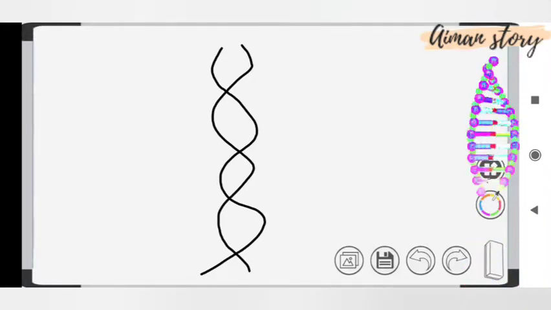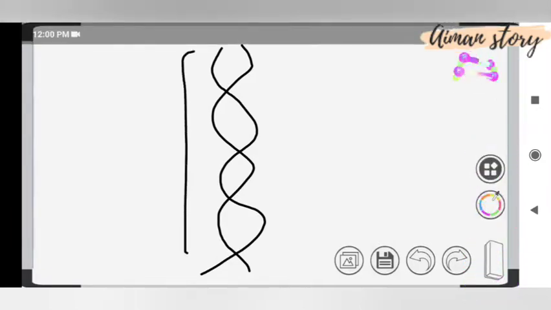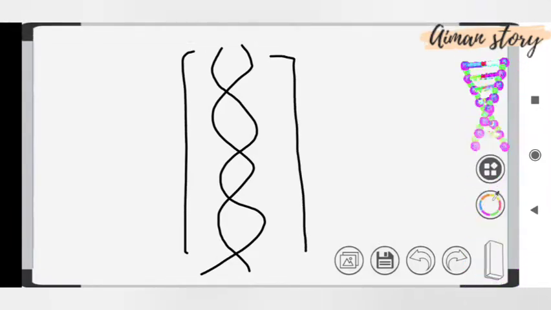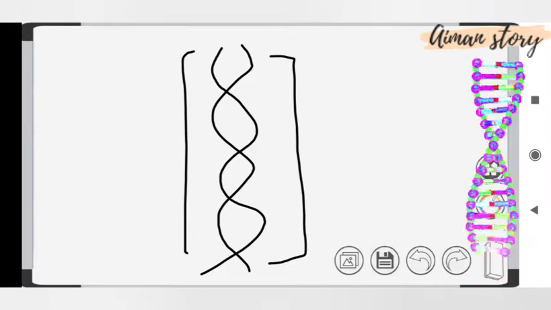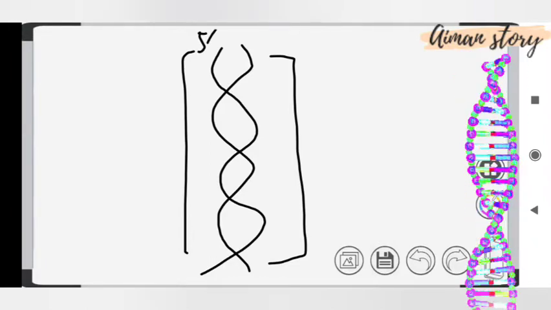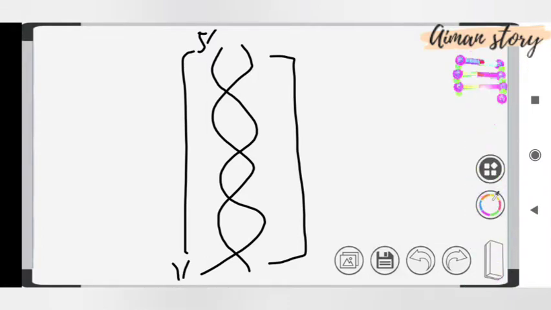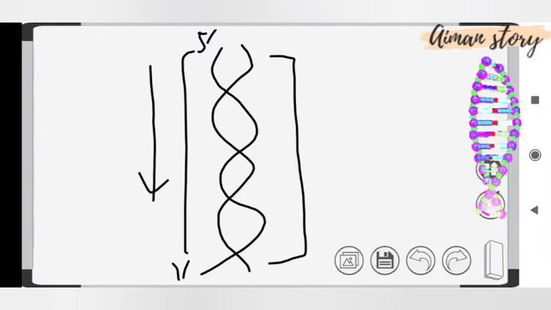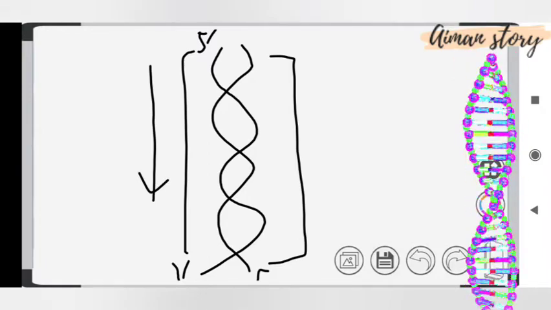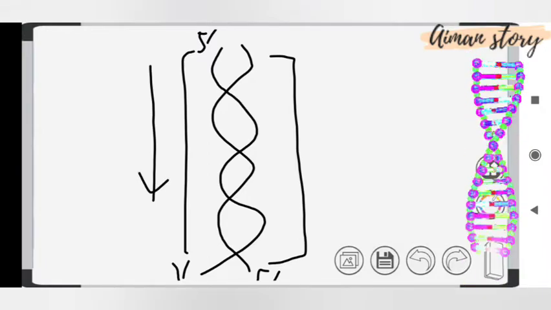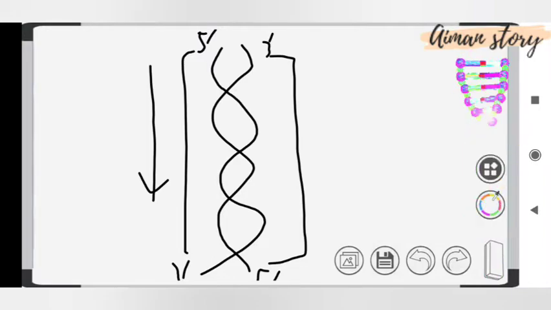Let's say this is the left side, and this one is the right side. It will start from 5' to 3'. The direction starts from 5' to 3', and this one also starts 5' to 3'. So it will go upwards.